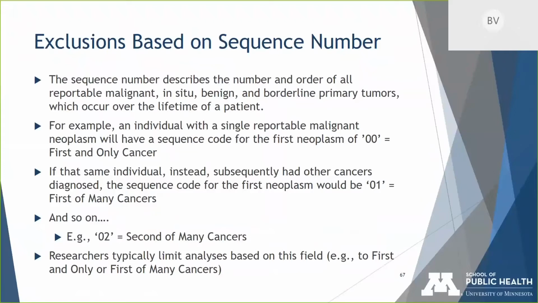This concept goes on, for example, the lung cancer case for that same individual would have a 02 to indicate that it's the second of many cancers, and so on and so forth. As it relates to research, researchers often limit their analysis to first and only or first of many cancers. This often keeps the cohort a little bit cleaner to work with. But again, you have to really think through what makes most sense for your study of interest.